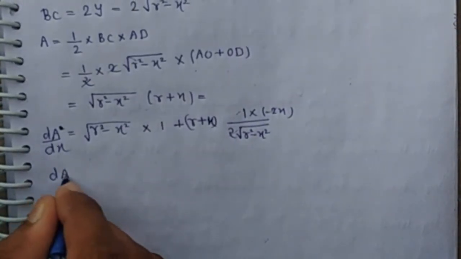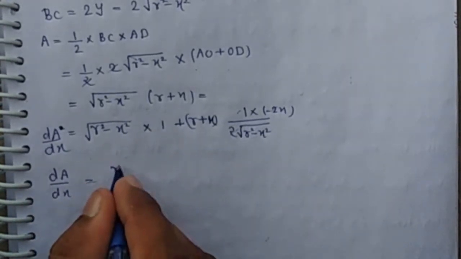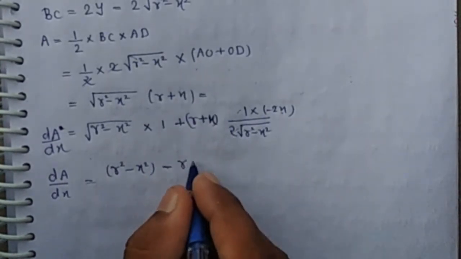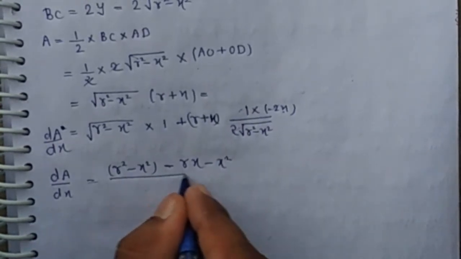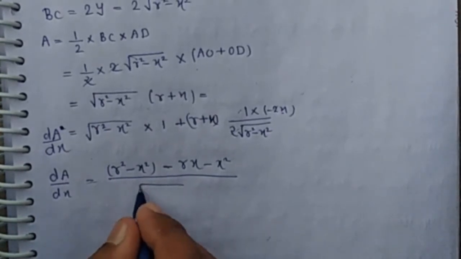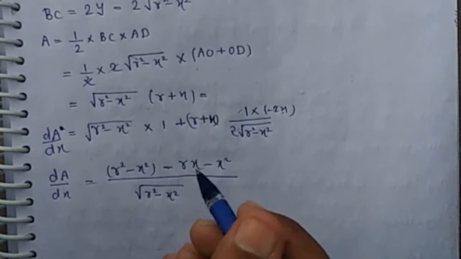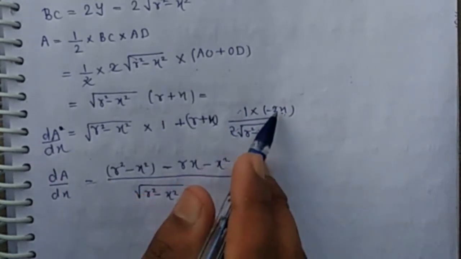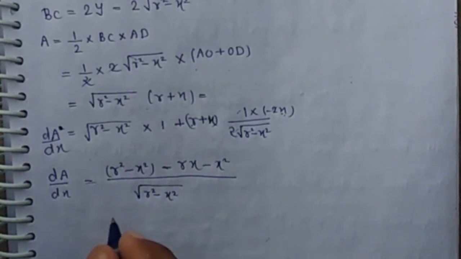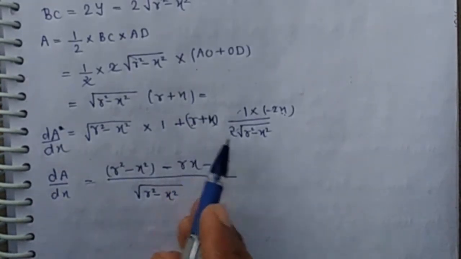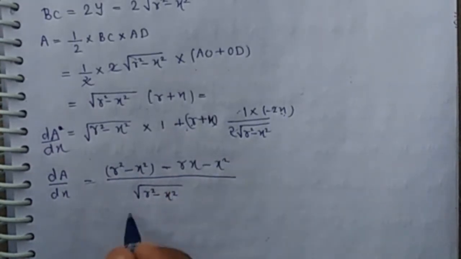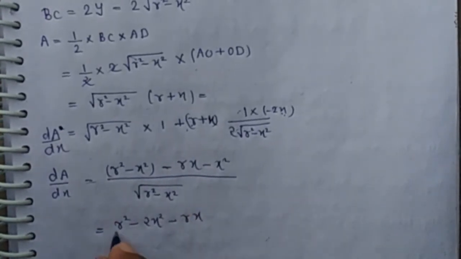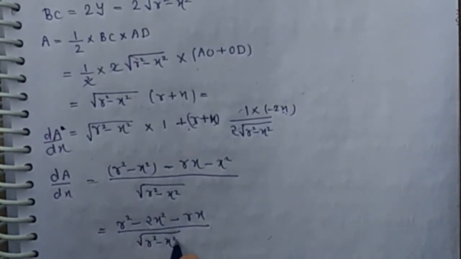Now dA by dx is equal to, taking LCM, R square minus X square minus Rx minus X square, then it is R square minus 2x square minus Rx upon square root of R square minus X square.